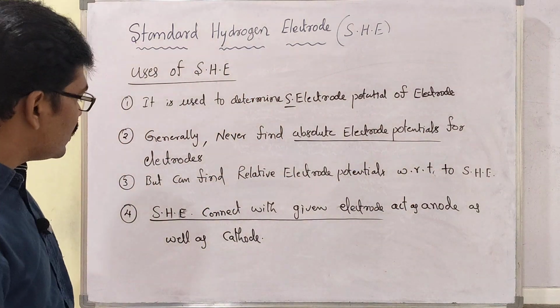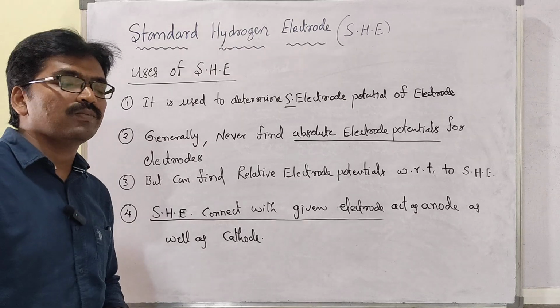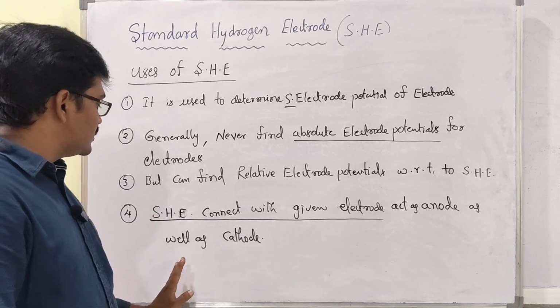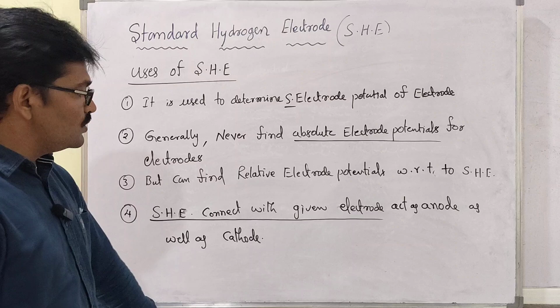Sir, anode ga work avvachu, then cathode ga work avvachu. So that's what I told, this is SHE. So these are the uses.